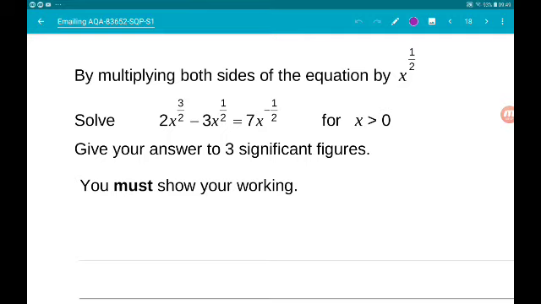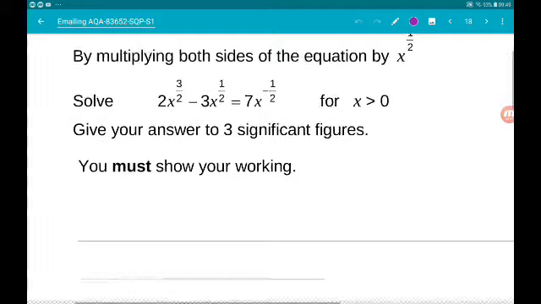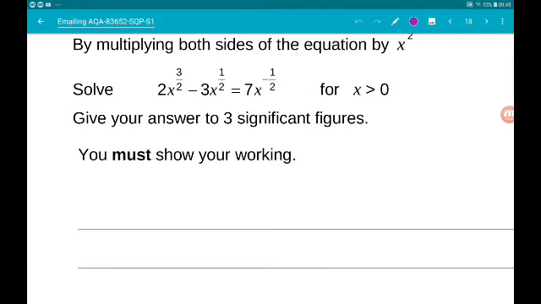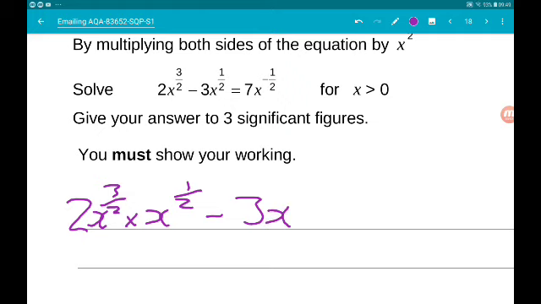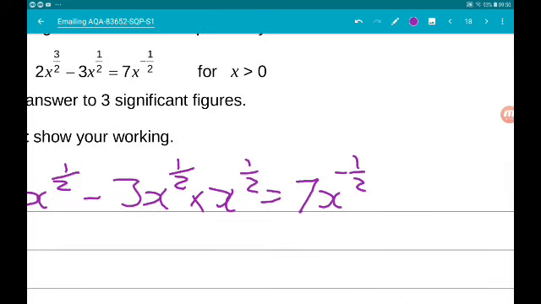So, if we multiply through then by x to the power of 1/2, we get 2x to the 3/2 times x to the 1/2 minus 3x to the 1/2 times x to the 1/2 equals 7x to the minus 1/2 times x to the 1/2.